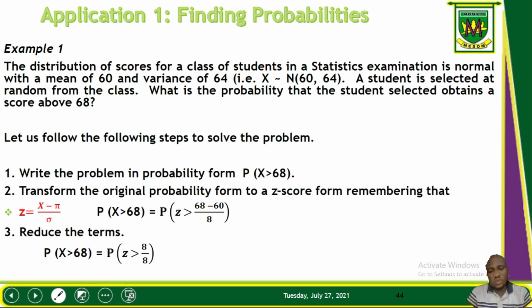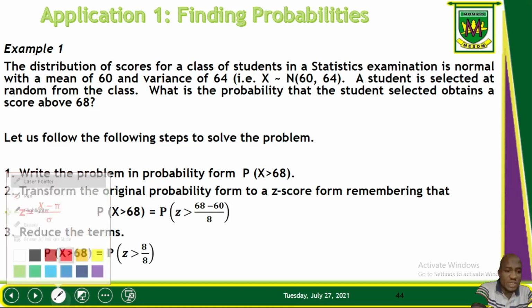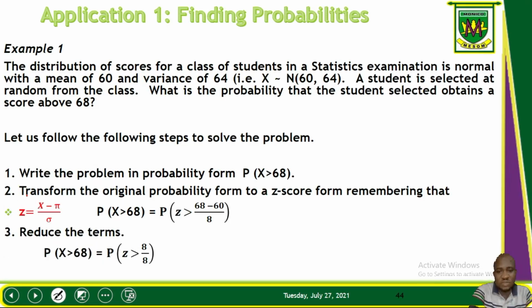Okay, what you have to do first is write the problem in probability form, as it has been stated in the question. You write P, here is probability, and in brackets we have X greater than 68. The question was the probability that a student selected obtains a score above 68.